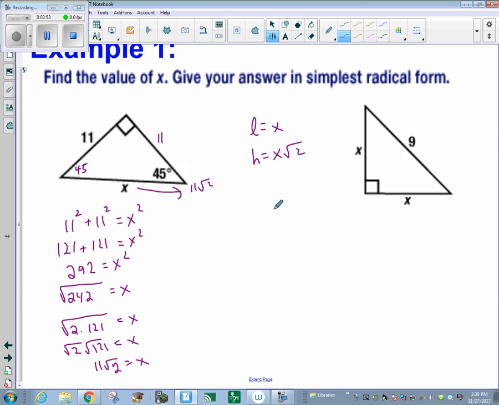So I can say 9 is the hypotenuse, and I set that equal to x root 2, because that's what it would be equal to. If I then solve for x by dividing by root 2 on both sides, x would be 9 divided by root 2, which is about 6.36, and that's the length of the side.